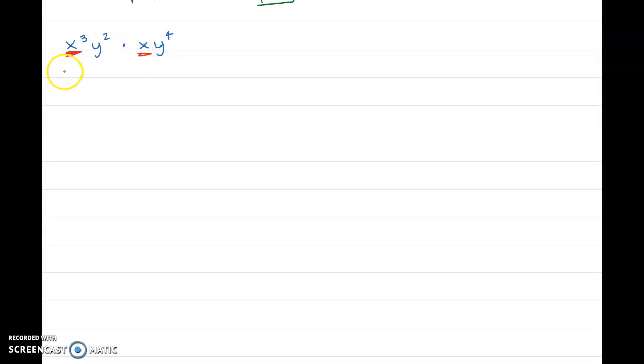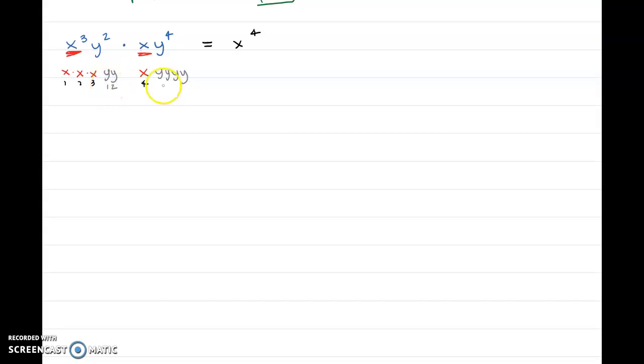If you focus on the x's first, you have 1, 2, 3 x's here, and 1 x there, for a total of 1, 2, 3, 4 x's. So your final power of x is x to the fourth. And now you can focus on the y's. We've got 2 y's here, and then 4 y's there.